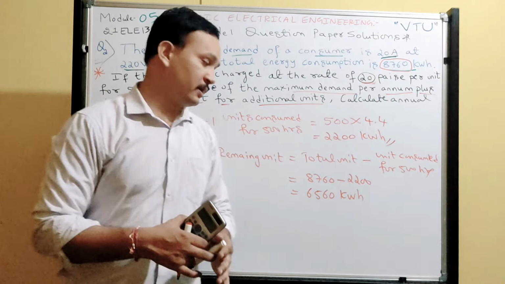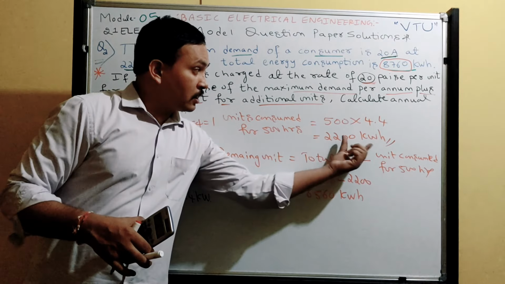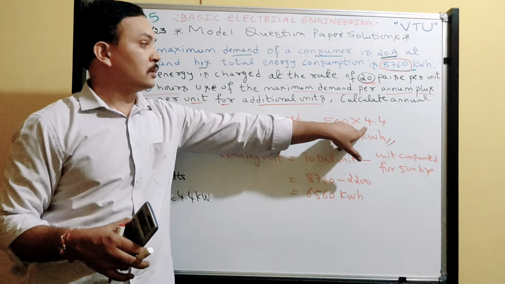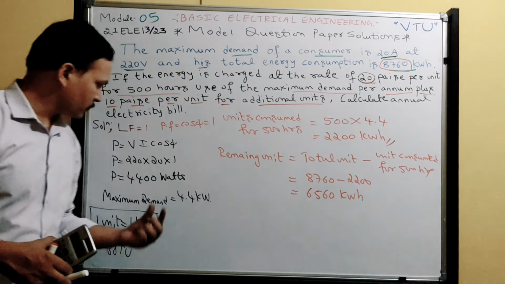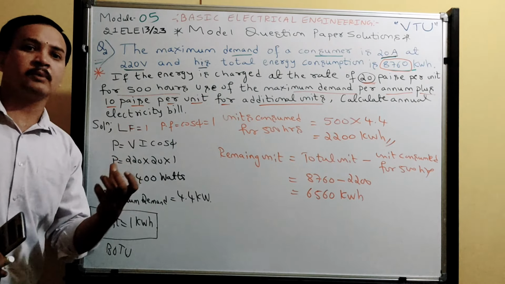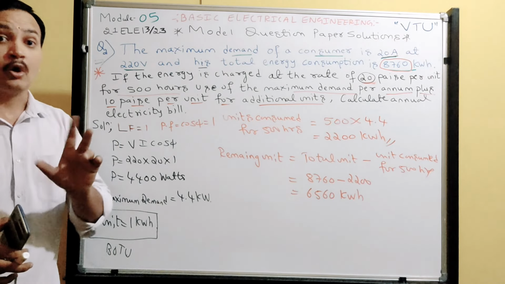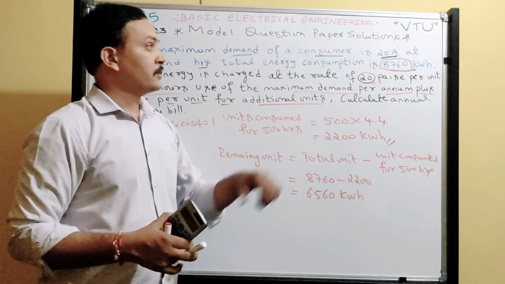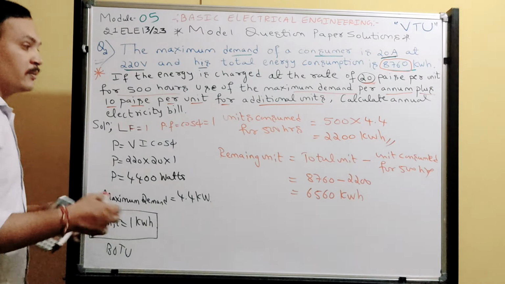Out of 8760 kilowatt hour, 2200 kilowatt hour is under maximum demand. In these 500 hours the consumer is consuming the full 4400 watt. For the remaining hours, the energy is not given; they gave the total energy consumption in the year, so subtracting this gives the remaining units.